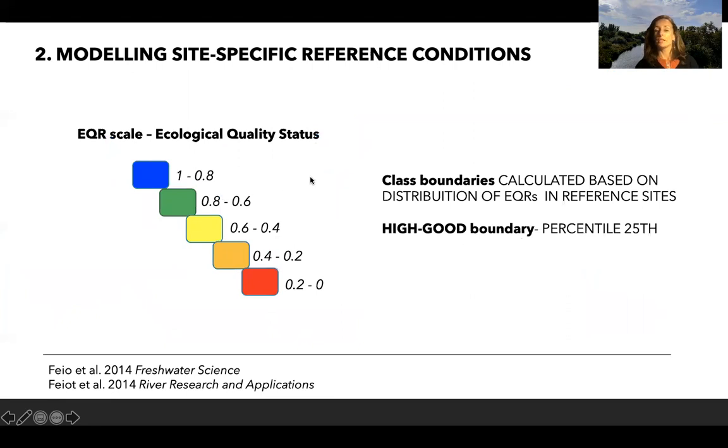Based on the reference site EQRs, we can also build a new classification scale, usually between 0 and 1, or theoretically between 0 and 1. And the high-good boundary is usually calculated based on the value for the 25th percentile of reference sites.